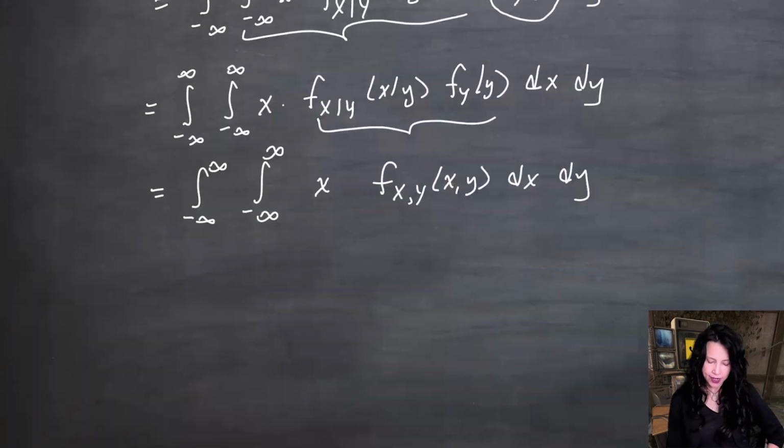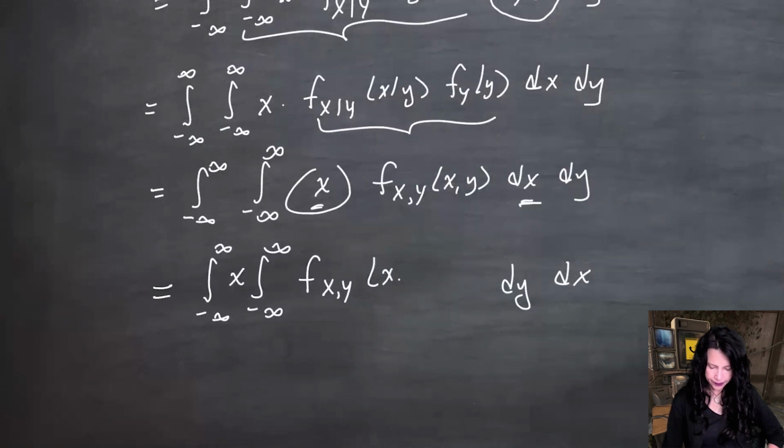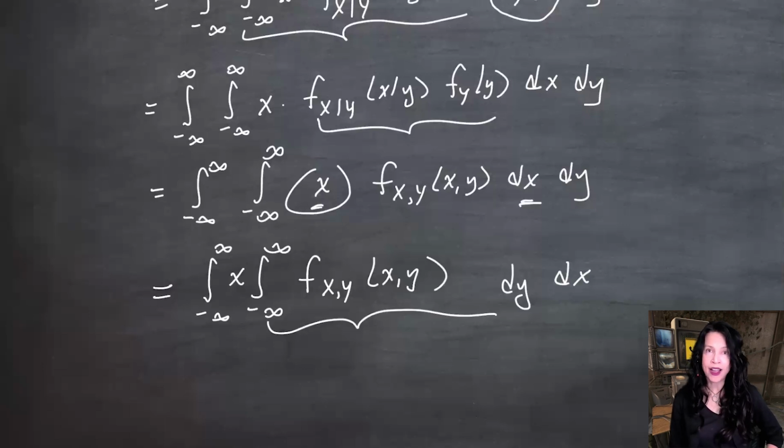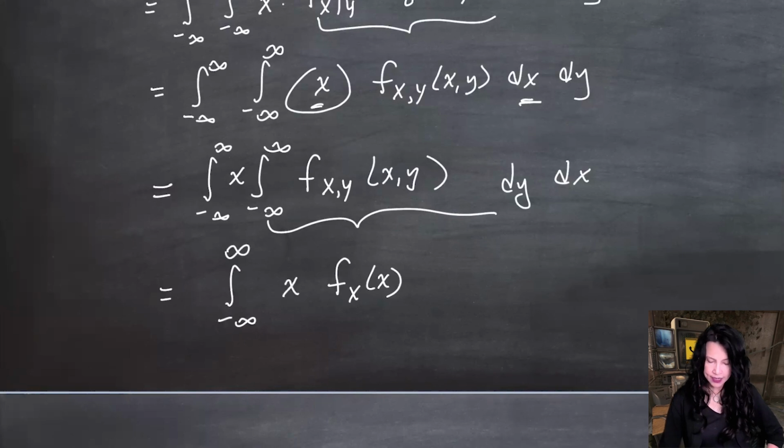So I don't want to try to integrate x out because there's x's over here, which make this kind of complicated. Let's flip the order of integration. I want to do dy dx. And if I'm going to do that, then I can pull this x out of the y integral. And if you integrate the joint PDF over all the y values, that gives you the marginal PDF for x. So we've got the integral from minus infinity to infinity of x times the marginal PDF for x dx.